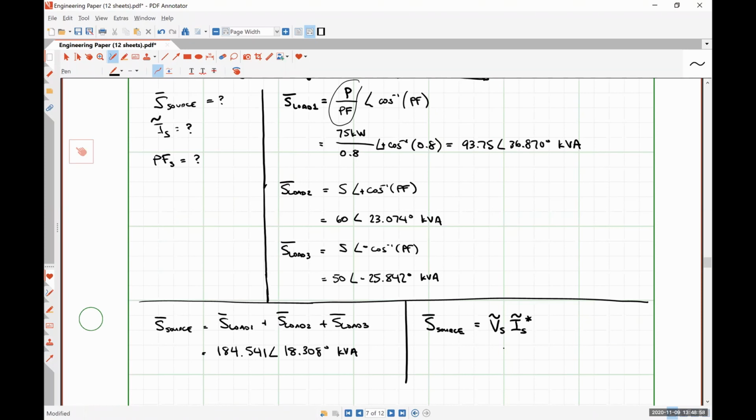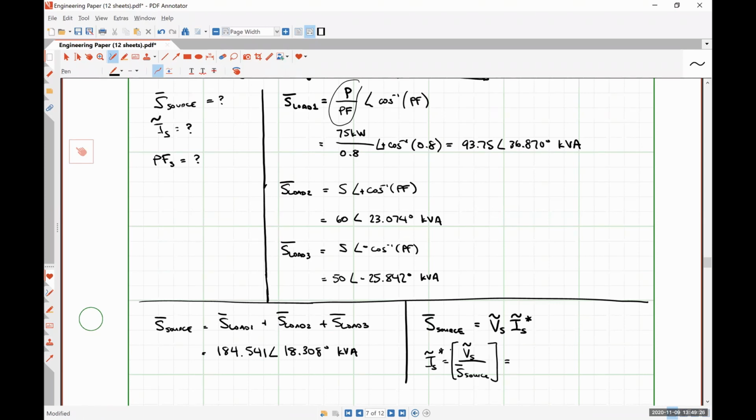So that would be Is is Vs divided by S source conjugate. All right. So you may be thinking to yourself, well, gosh, shouldn't the conjugate operation be on the other side with the Is?